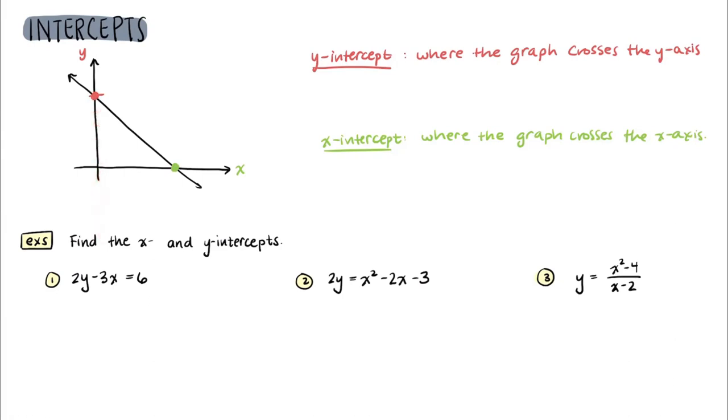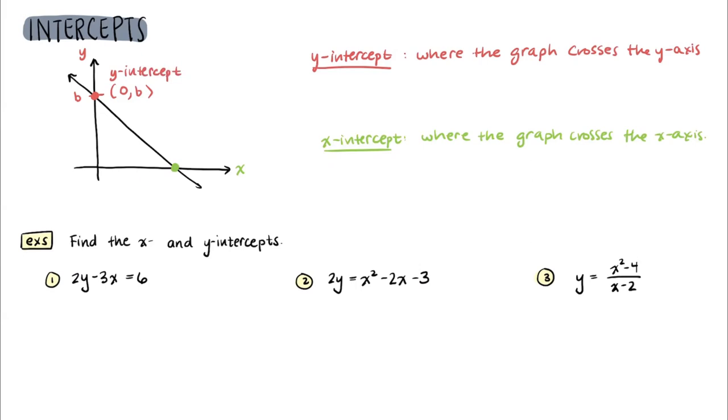But the common thing about any y-intercept is that it lies on the y-axis, and so the x-coordinate for any y-intercept will be 0. I don't know what the y-coordinate is, so we'll just call that b. Okay, so 0, comma b is the kind of format that y-intercepts have.